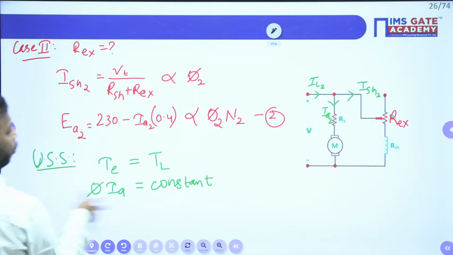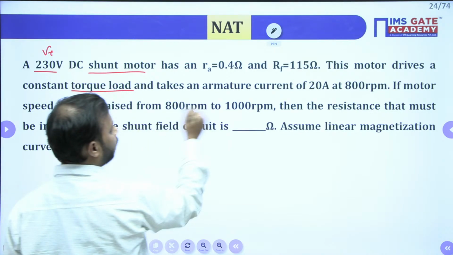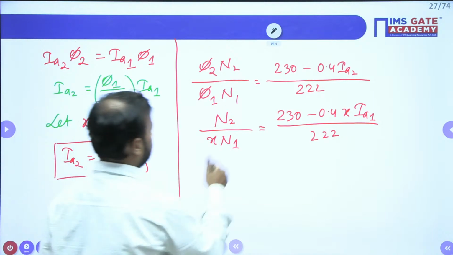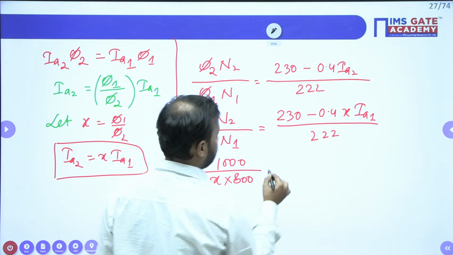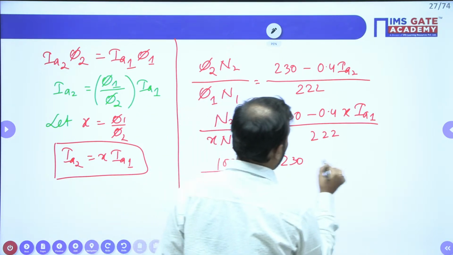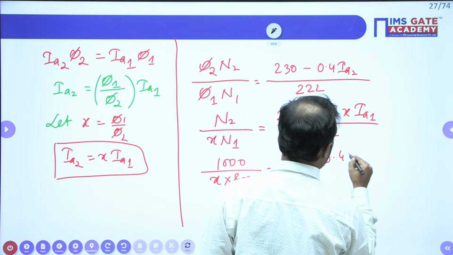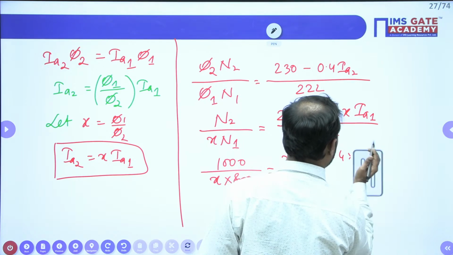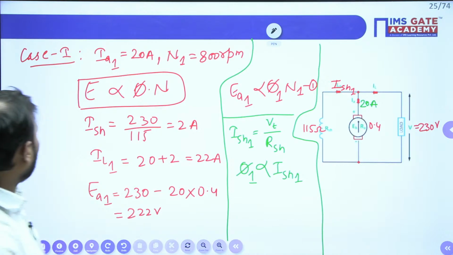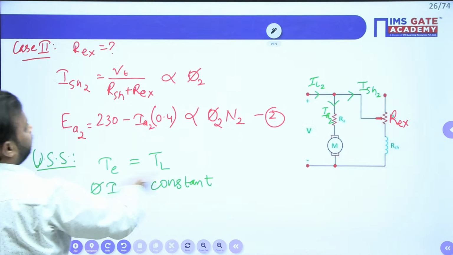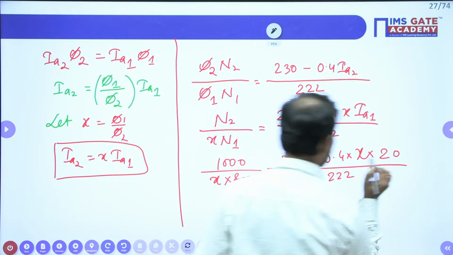So we have N2 as 1000, which means the speed has increased from 800 to 1000. So N2 is 1000, x is unknown, N1 is 800. This is equal to 230 minus 0.4 into x into IA1. Do we have IA1 here? 20 ampere, divided by 222.